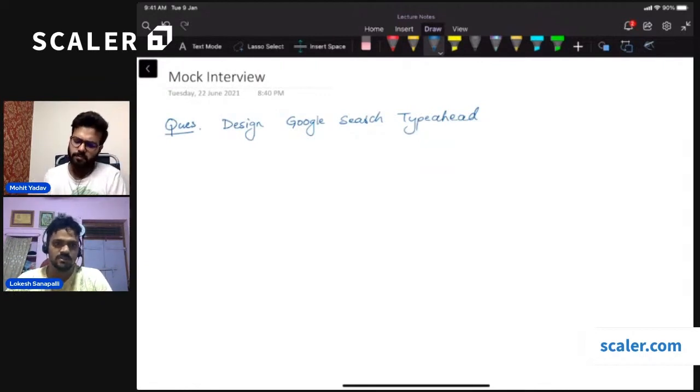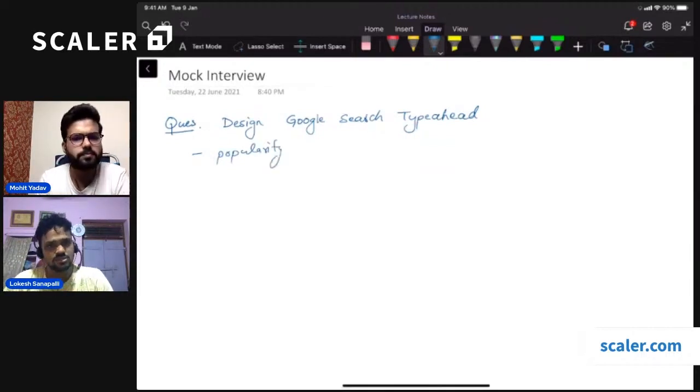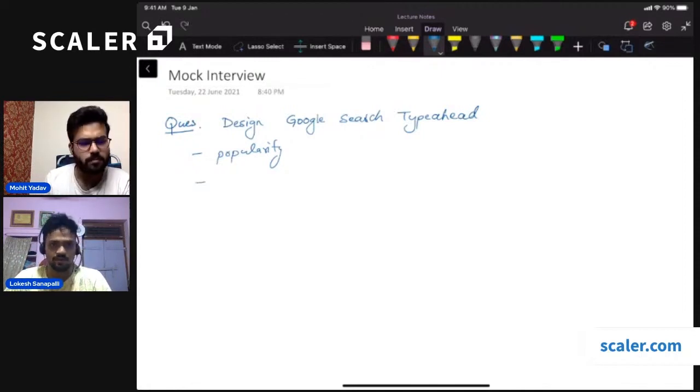Also, we need to take care of muted words. We don't want to show some pirated or adult kind of words, so we need to filter them.